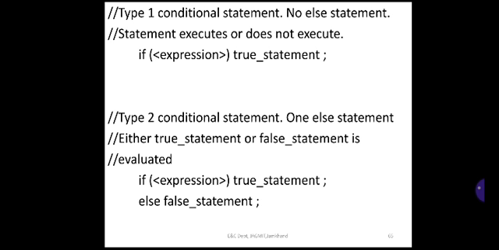So observe the syntax here. If expression, same as previous, that expression is evaluated and if it is true, or if it is 1 or a non-zero value, then the true statement is executed.